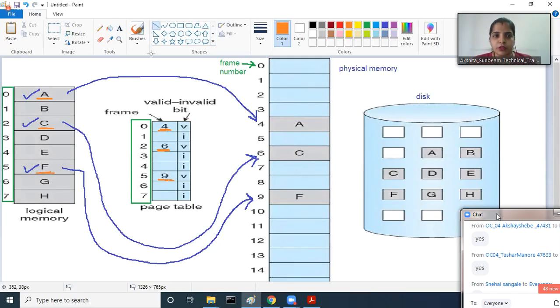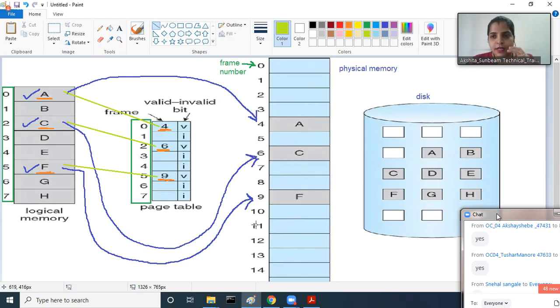Are you able to link this? This is page A loaded at frame number 4. This is page C, which is loaded at frame 6. This is page F, which is loaded at frame 9. Have you understood up to here? Everyone, have you understood up to this point?